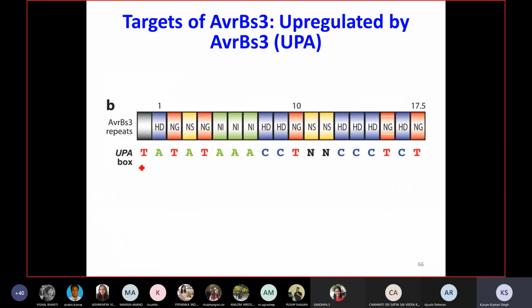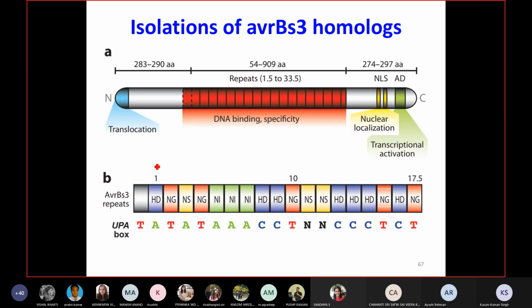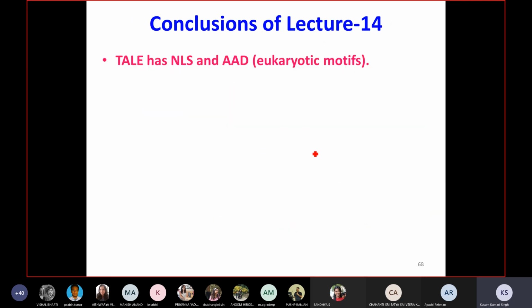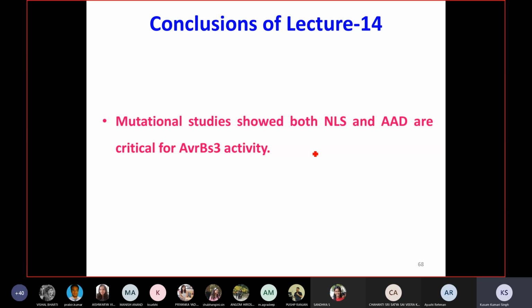This is your UPA box as I showed in the last lecture. In the last lecture we showed the structural domains of your AVR. What are the important structural domains?